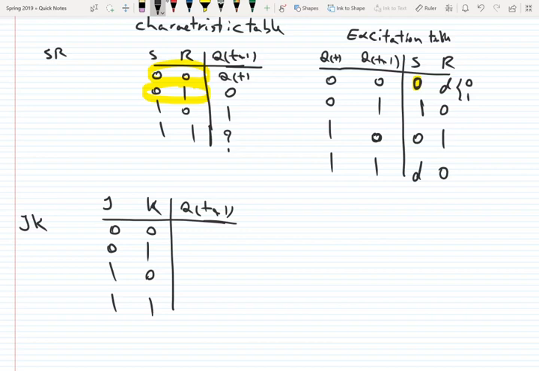For the JK flip-flop, 0, 0 means no change. So output is Q of t. 0, 1 means reset. 1, 0 means 1. And 1, 1 means Q bar. Very good. Great.